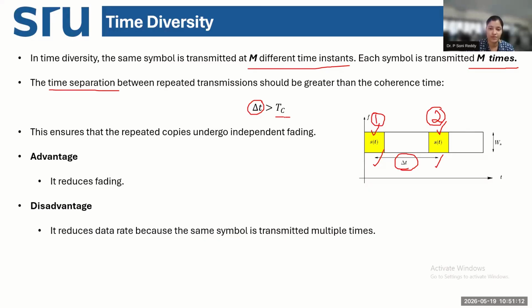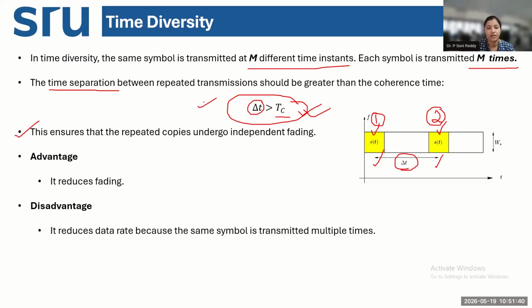So this separation should be greater than the coherence time. Why is this condition needed? It is needed to experience fading effect in the transmission through the wireless communication channel. If the reverse is there, then there would be no fading or very small or negligible fading. But we want large fading, or deep fading.